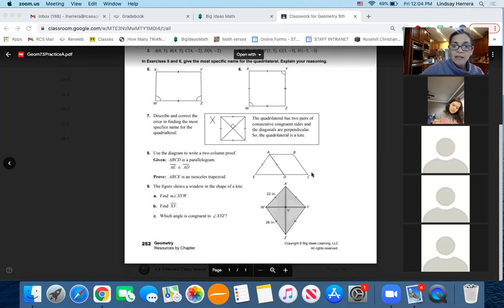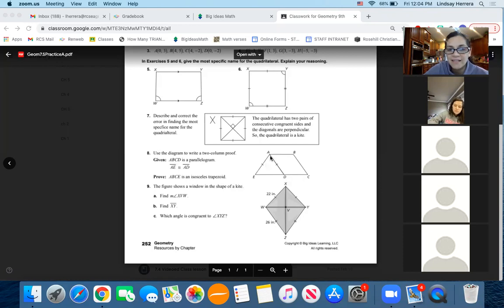+1 if you can tell me why AE is congruent to BC. If you can give me the right reason. Any takers? All right, thinking all the way back to chapter 2. This is actually transitive property.